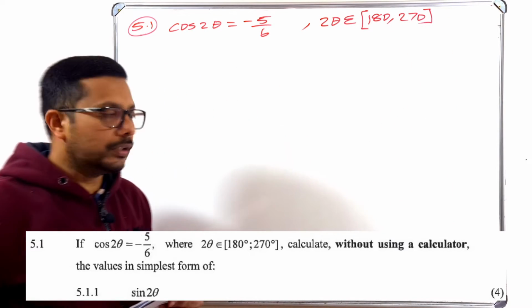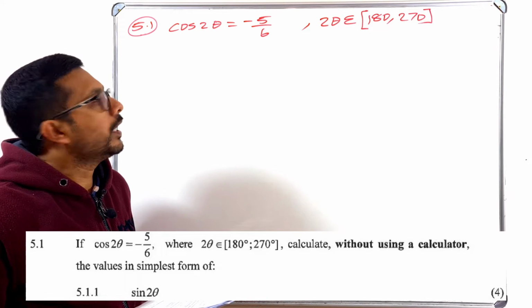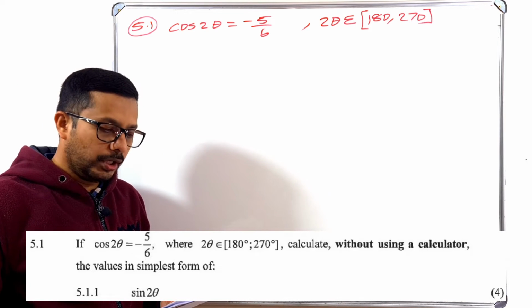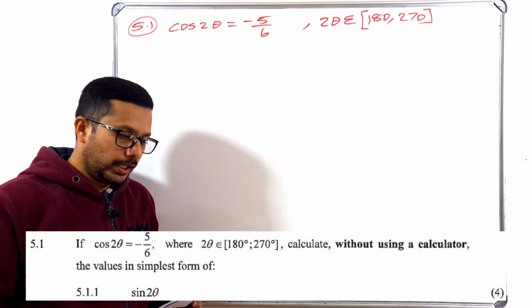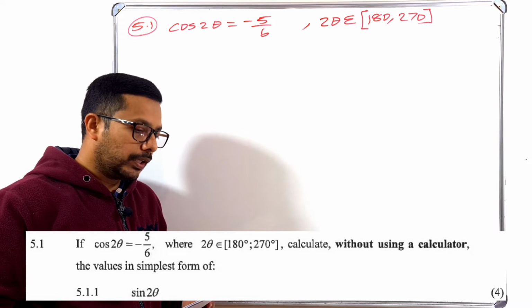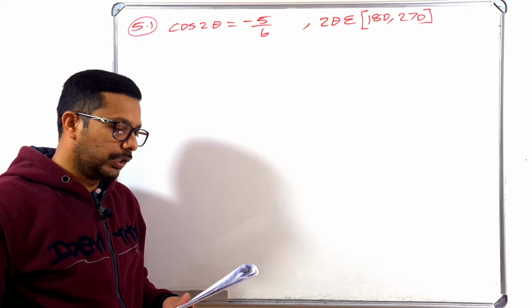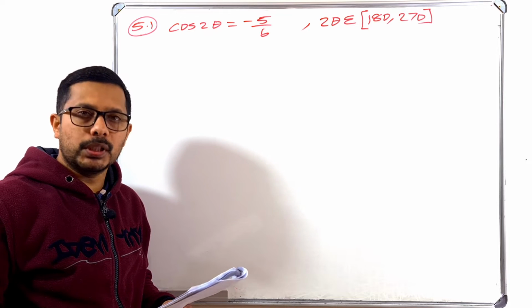So this is the given trigonometry. Now look at that question. Calculate without using a calculator the values in the simplest form of the following.